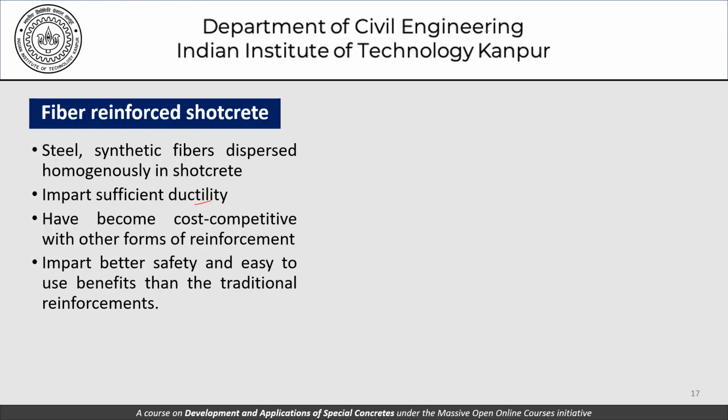Have become more cost competitive with other forms of reinforcement, impact better safety and easy to use benefits than traditional reinforcement. So of course, there are benefits of using fiber reinforced concrete systems, and in the case of shotcrete, we do have the ability of using the potential of steel fibers or any synthetic fiber we choose to use to a fuller potential.